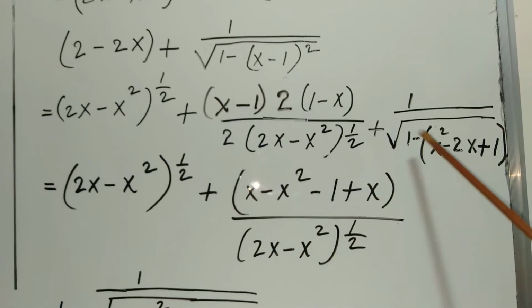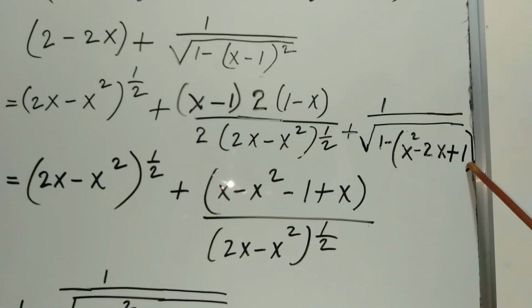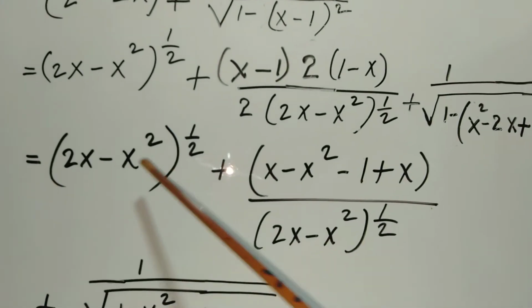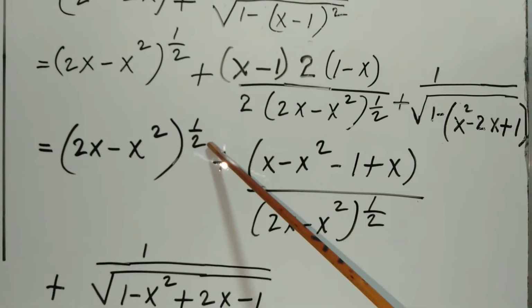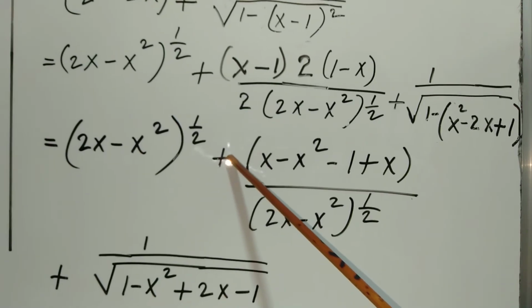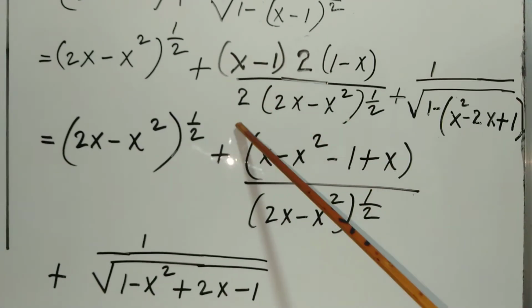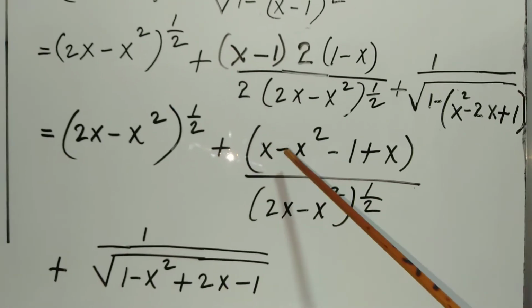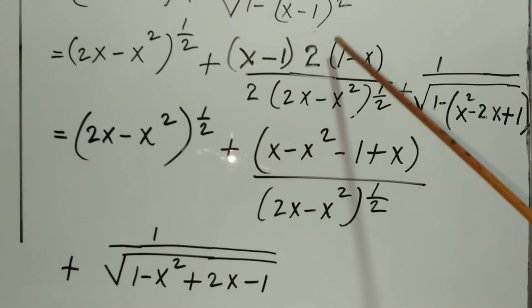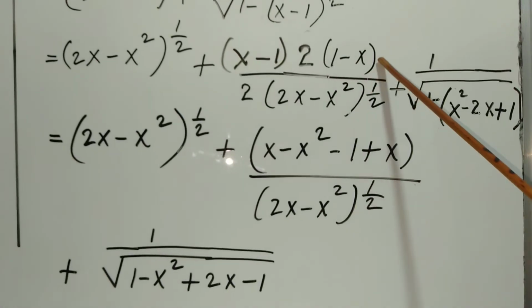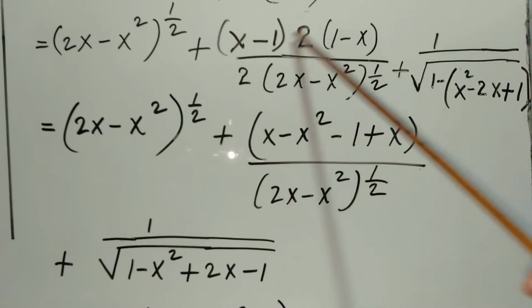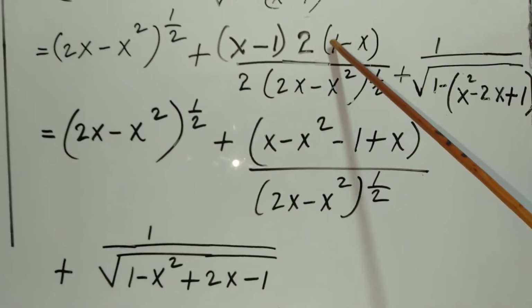We expand this: x squared minus 2x plus 1. We continue, and we cancel out the 2. What is left is x minus 1 times 1 minus x.